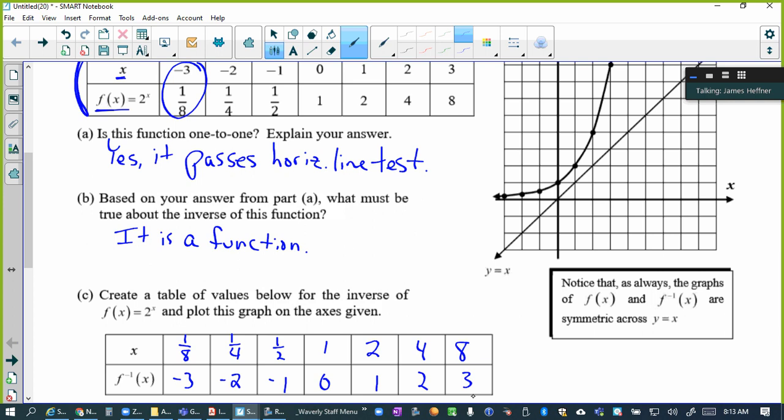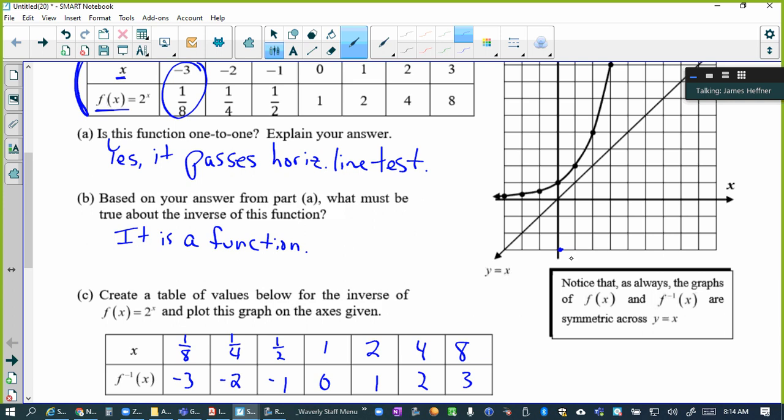Okay? So let's go ahead and plot those points the best we can. Some of them we're just going to have to estimate a little bit. The first point would be 1/8, comma, -3. So let's go on our graph. 1/8 is really close to 0, and then -3, 1, 2, 3, would be down like here.